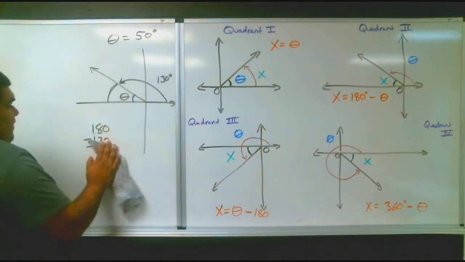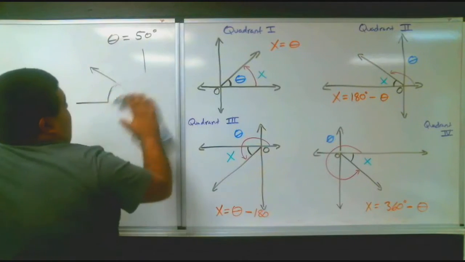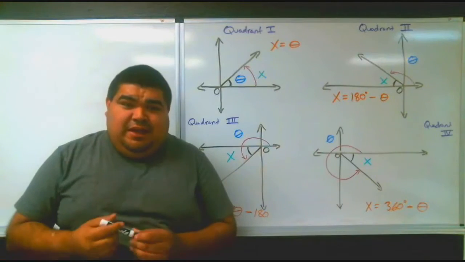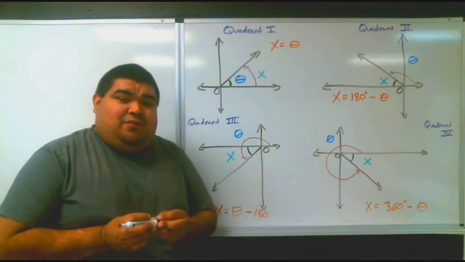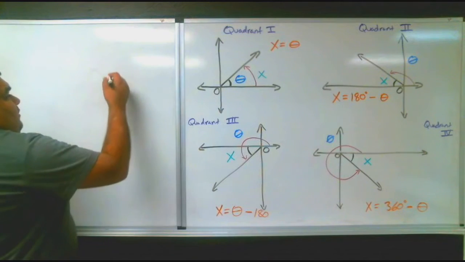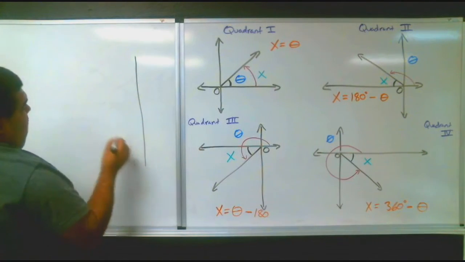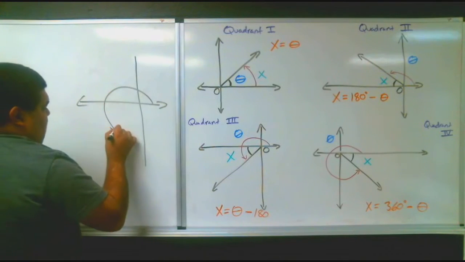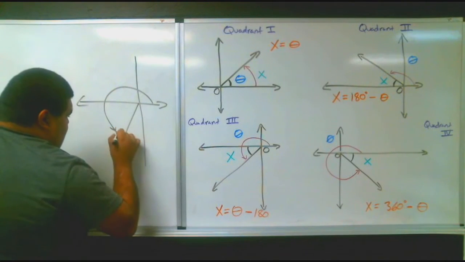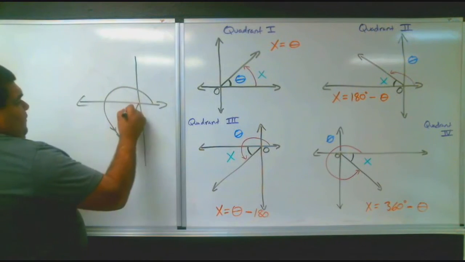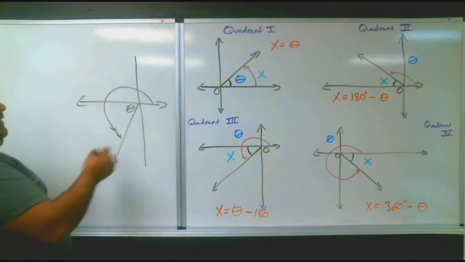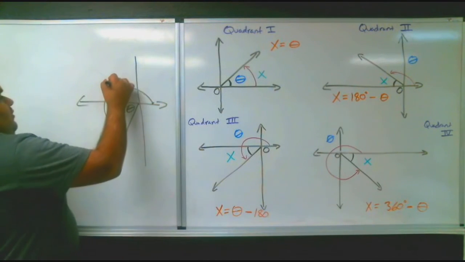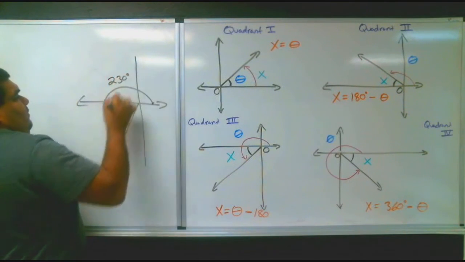Obviously, if we do it again for the other piece, for quadrant 3, remember, we need to know how to plug it in. That's our objective for today, to know how to plug it in to solve for x. So we have our theta, we have our angle. Let's say our whole turn from our arrow is 230 degrees.